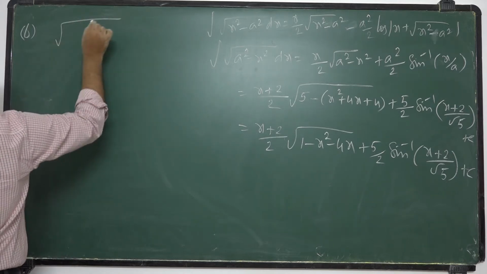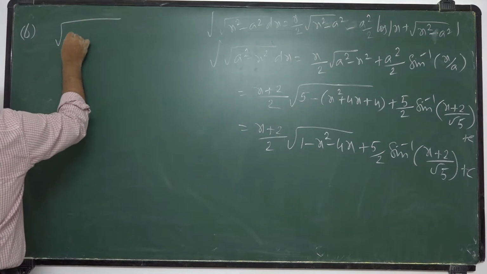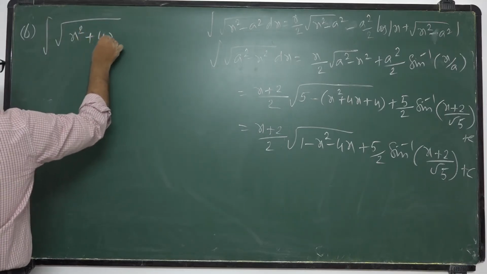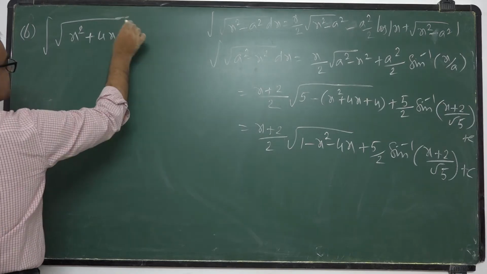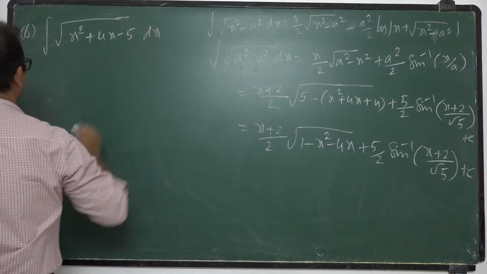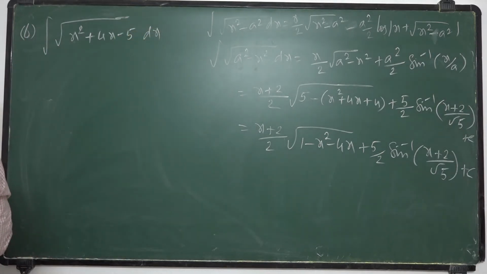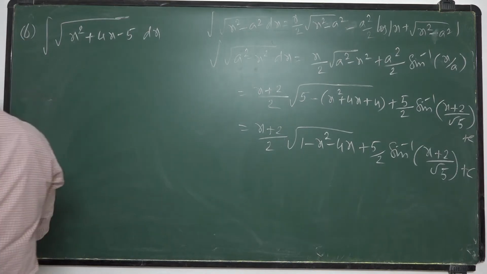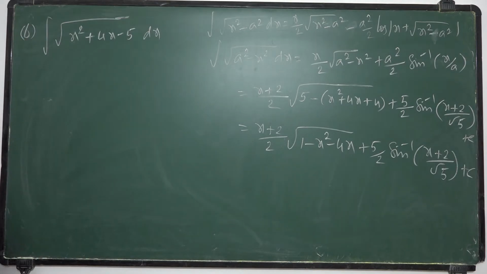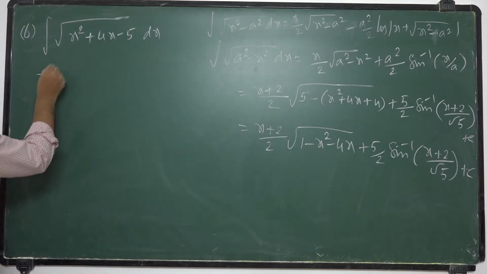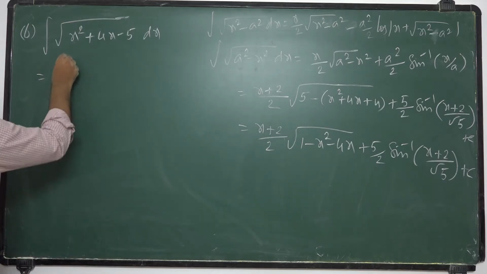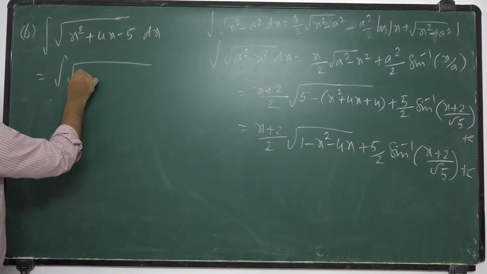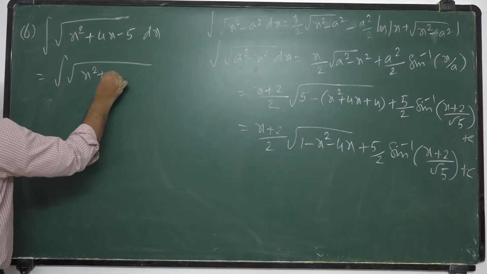Integral of root of x square plus 4x minus 5 into dx. Write it as integral of, first write it as a perfect square, x square plus 4x.